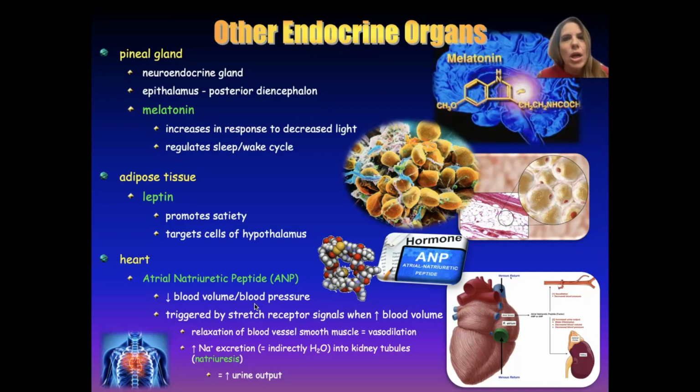Because it's in the heart, it's sensing what the blood pressure is. So it's going to be triggered because little proteins called stretch receptors are going to constantly be saying what is the blood volume, what is the blood pressure. And if it detects that those are too high because we're getting stretching of those blood vessels as that pressure is going through, it's going to send signals for those blood vessel smooth muscles to relax, causing vasodilation. And when there's vasodilation, there's more space for the blood fluid to go through.